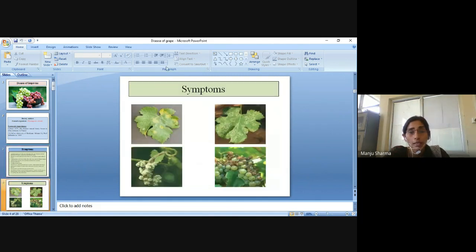Here you can see the spores which are yellow in color on the upper surface of the leaf, and whenever we turn the leaf, the symptoms will be shown like that. These are also white in color, but they differ from powdery mildew disease. In powdery mildew, basically a powder-like appearance will be there, but in downy mildew, yellow color spots will be there on the upper surface of the leaves.